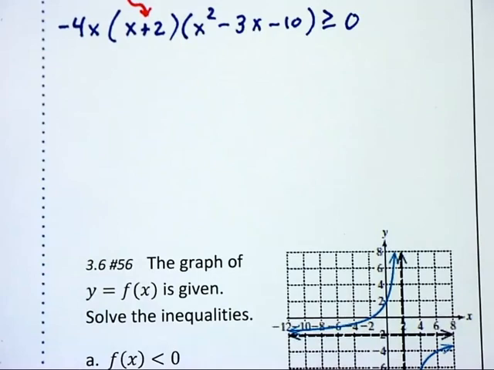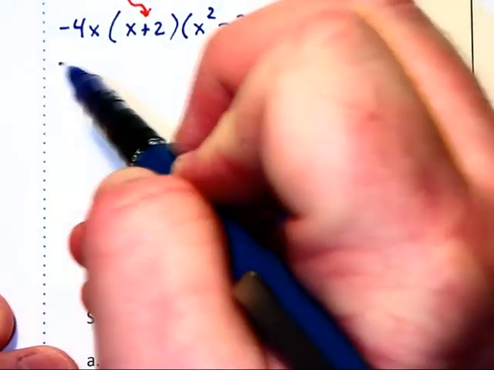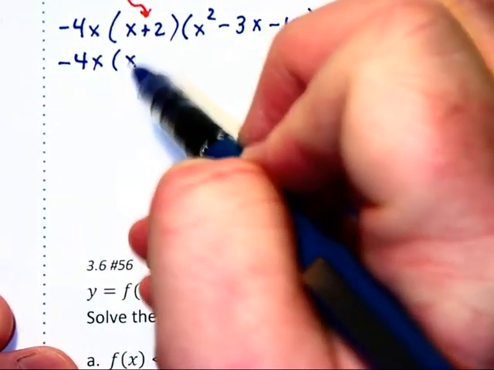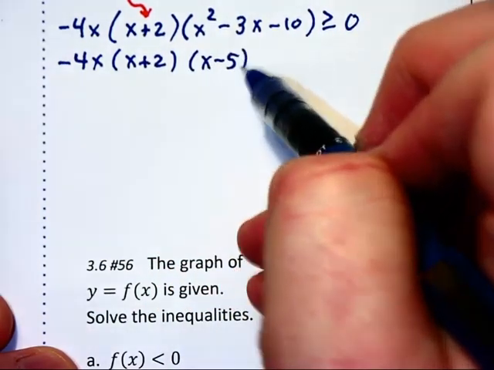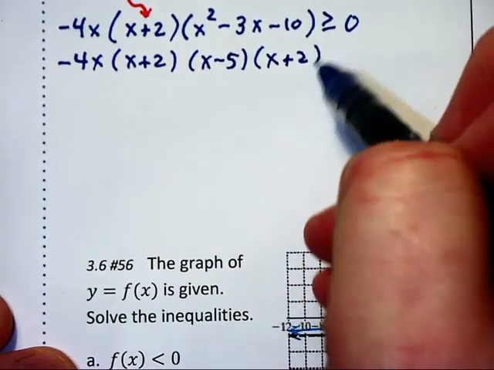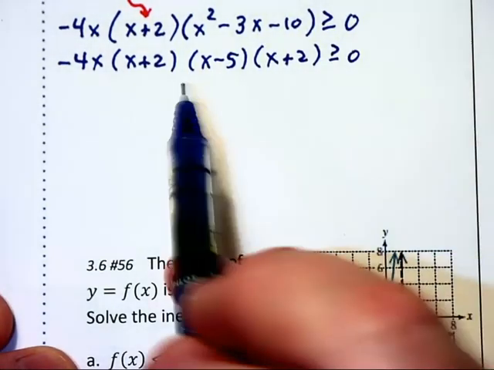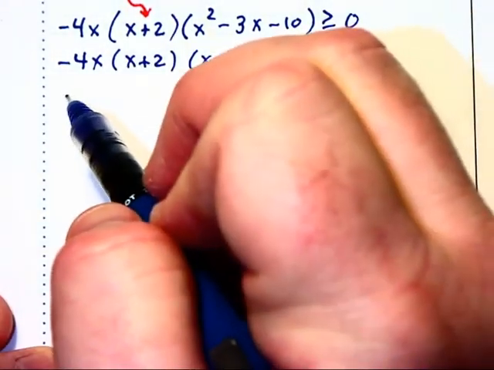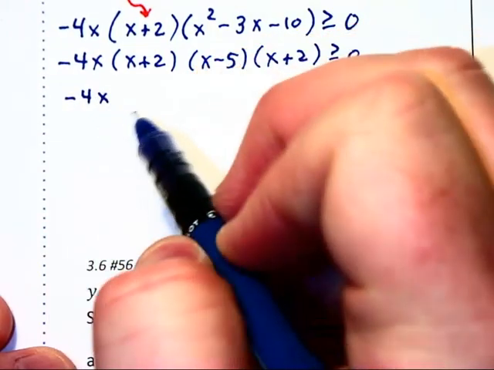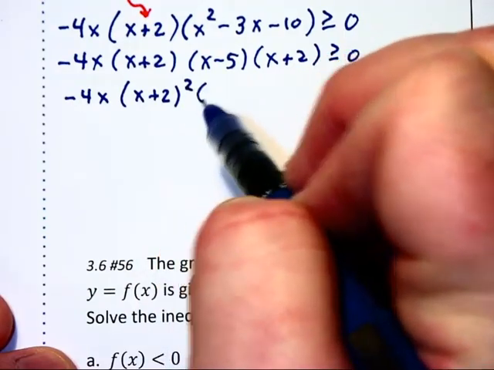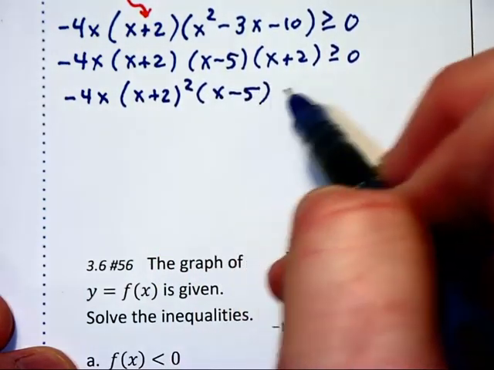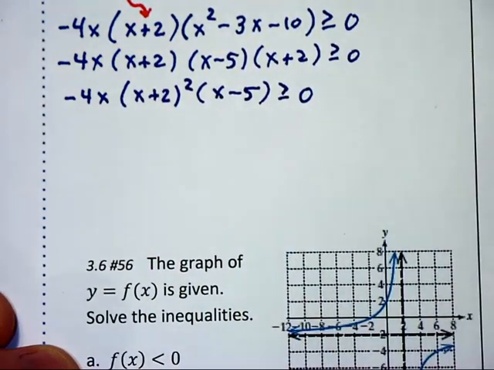And since we're down at the x squared level, I can factor the rest of this in my head. I'm going to have x minus 5 times x plus 2 greater than or equal to 0. And that x plus 2 is showing up twice, so I'm going to write it together. Negative 4x times x plus 2 squared times x minus 5 is greater than or equal to 0.